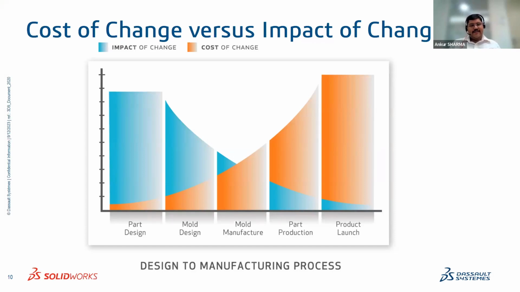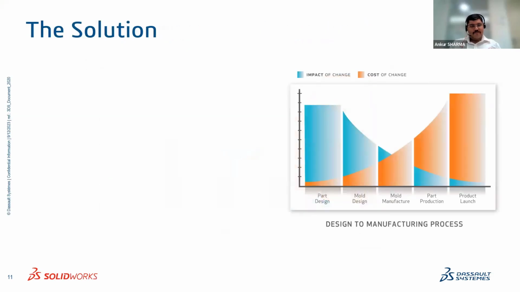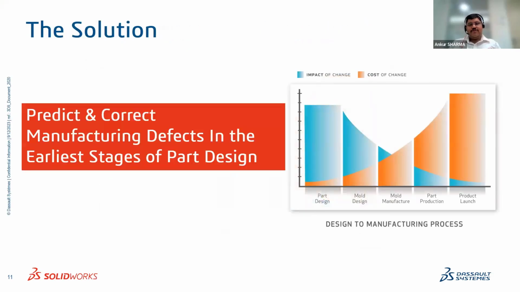So let's see how this happens going forward. What is the solution to be able to make a part design change at an early stage of the design process, while you're still at the 3D modeling stage, and have maximum impact in avoiding any kind of manufacturing defect?